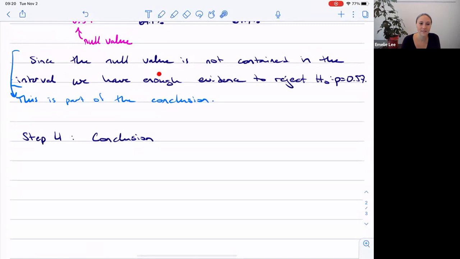So usually I would just argue with this, since the null value is not contained in the interval, right? You're going to say whether it is in the interval or is not in the interval, right?